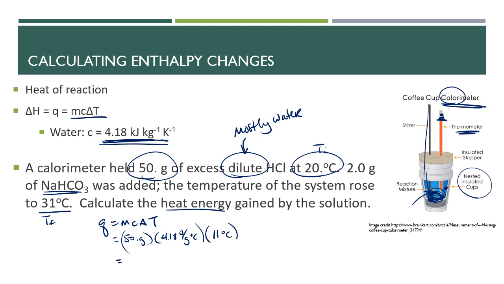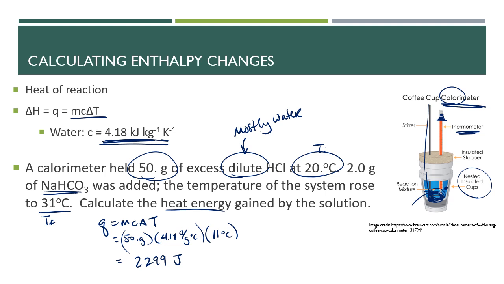Good. So now with my handy dandy calculator, I'm going to do 50 times 4.18 times 11, and we get 2299 joules of energy is released.